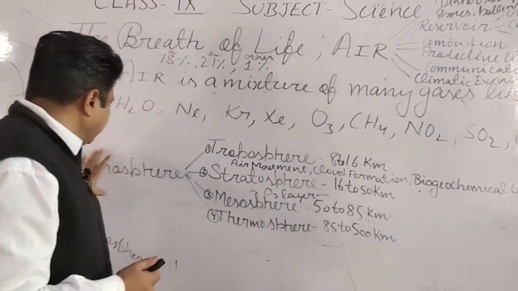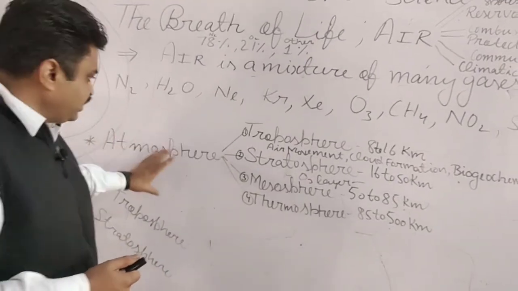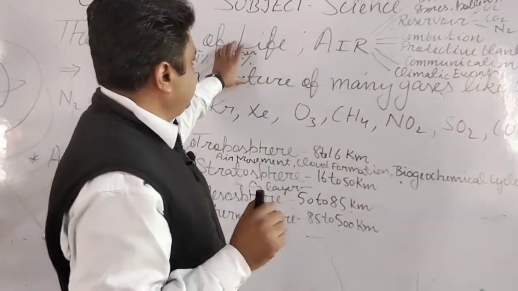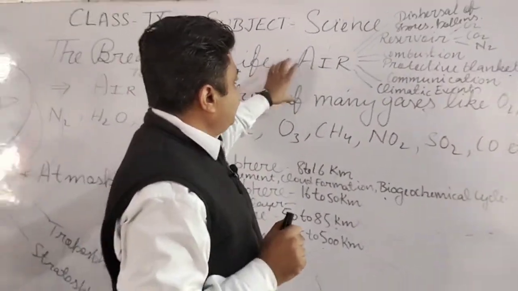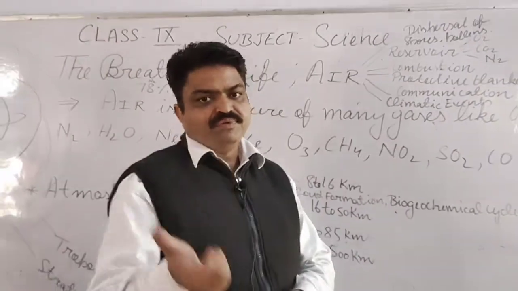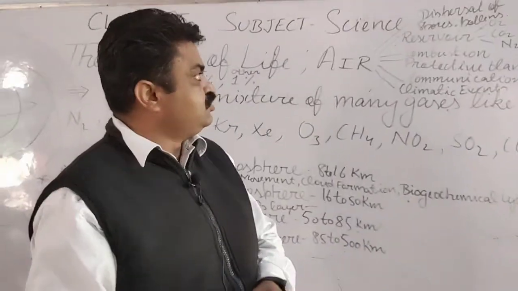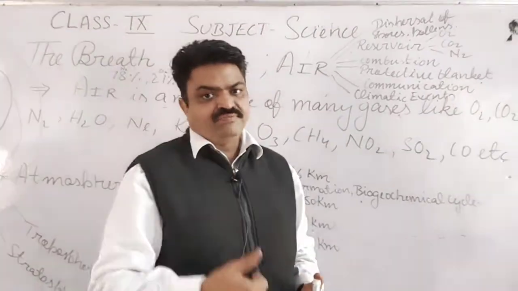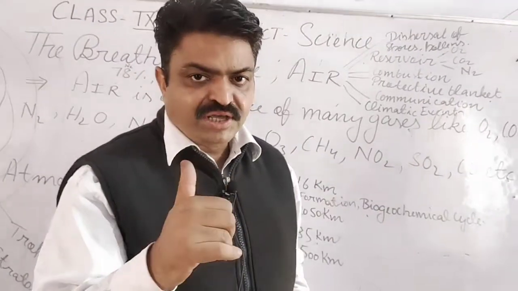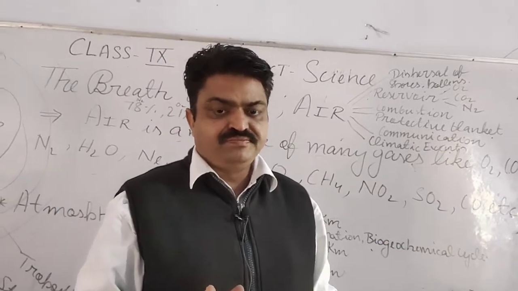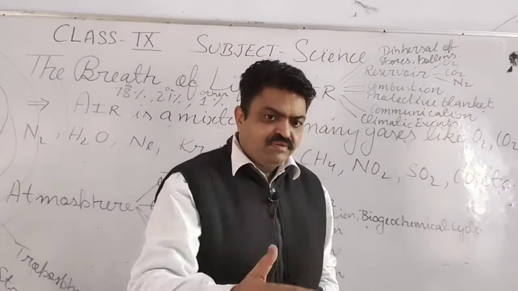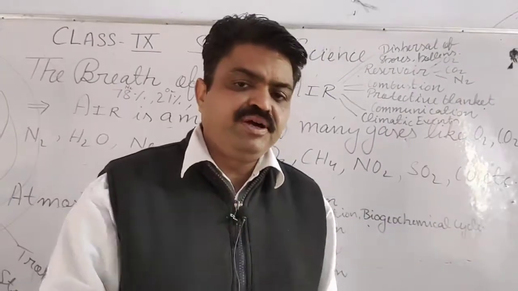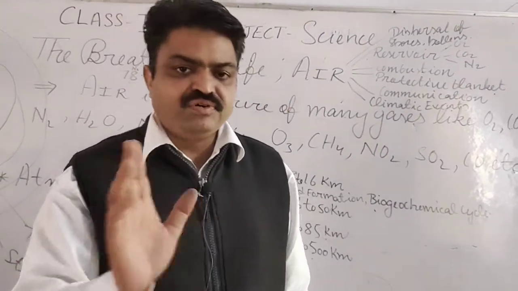Now we will discuss the importance of the atmosphere. We get air, the important part of life, with the help of the atmosphere, and air is used as a reservoir of oxygen, carbon dioxide and nitrogen, student. Oxygen is used in aerobic respiration and carbon dioxide is used by plants for photosynthesis.